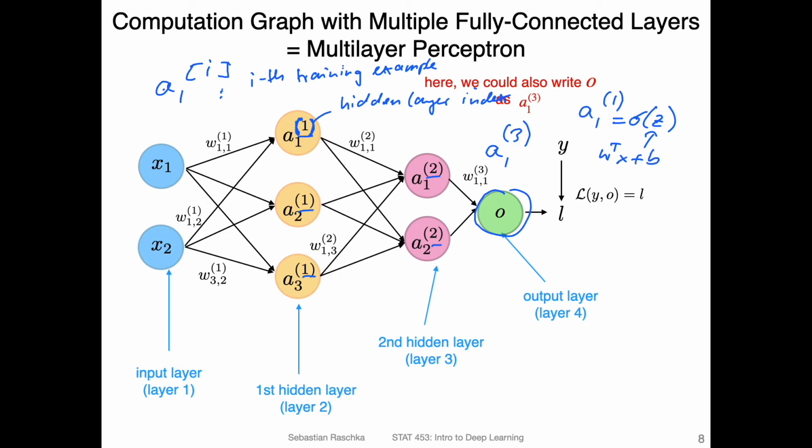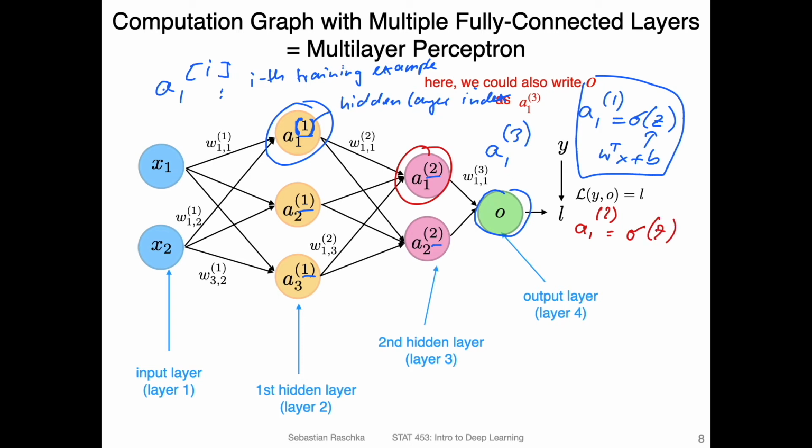And this is for this unit here, but now if we take a look at this one, we would compute it the same way, except that we still have z, so let's just use the same letter z, but z is now not, of course, involving the x's directly. It's based on the previous layer activations. So you can think of it as W transpose times the previous layer activations plus b.